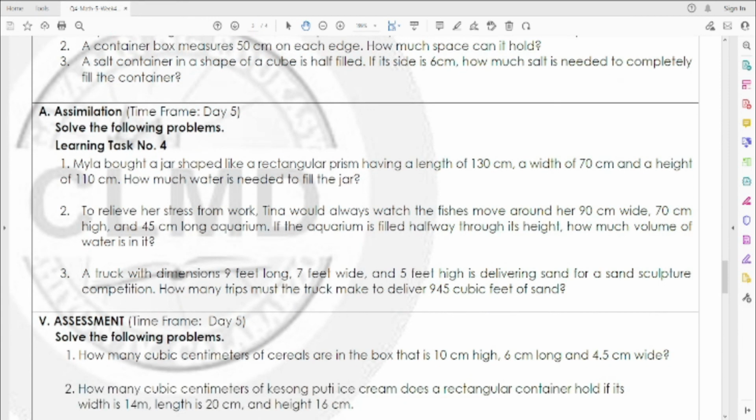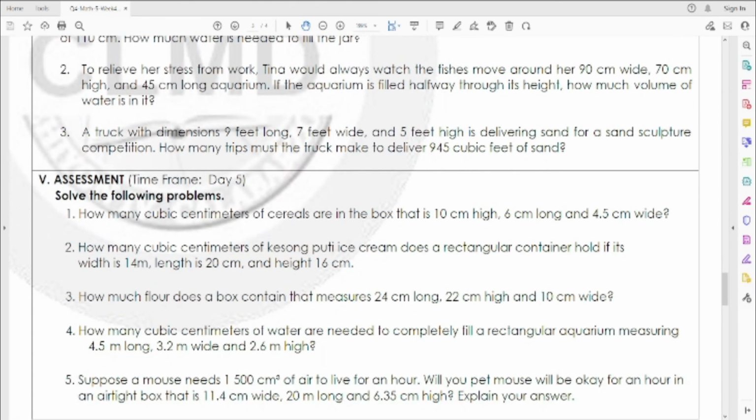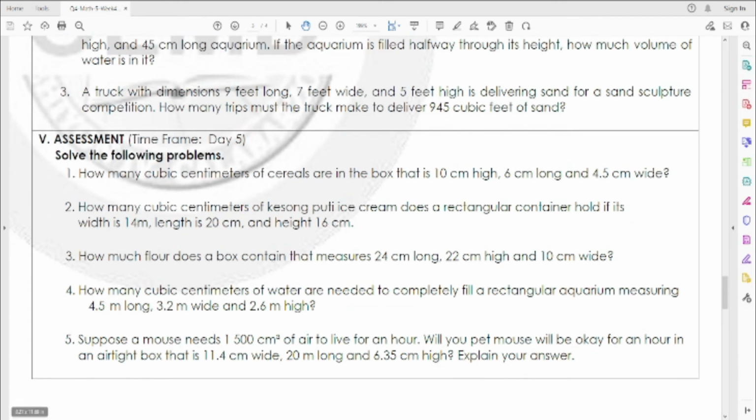Then for your assessment, for your day 5 activity, here are the problems. Number 1, I will read it for you. How many cubic centimeter of cereals are in the box that is 10 centimeter high, 6 centimeter long, and 5 centimeter wide? So, you will answer 5 questions.